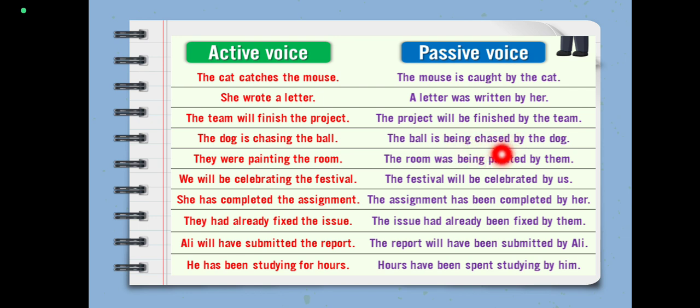Siempre va en participio. De hecho, la única diferencia que tiene el presente continuo y el pasado continuo del presente simple al pasado simple es que se le agrega el being y ya. Okay, being. Gracias, teacher.